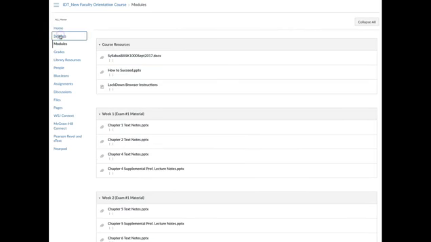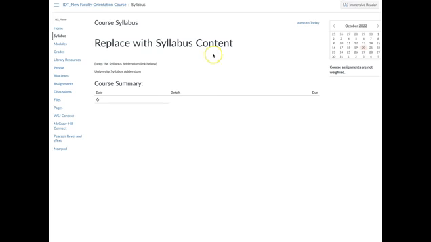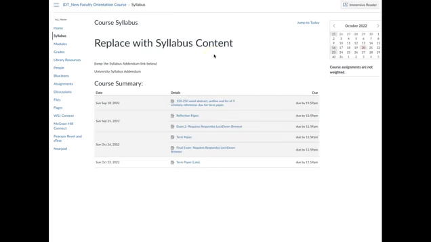They also mention over here the Syllabus Tab, and if you come to the Syllabus Tab, the syllabus is not actually here. This is our template information that tells professors to replace this with your syllabus content, whether that's linked or embedded on the page. It does have the university addendum link that we require professors to include, but it's not actually linked.